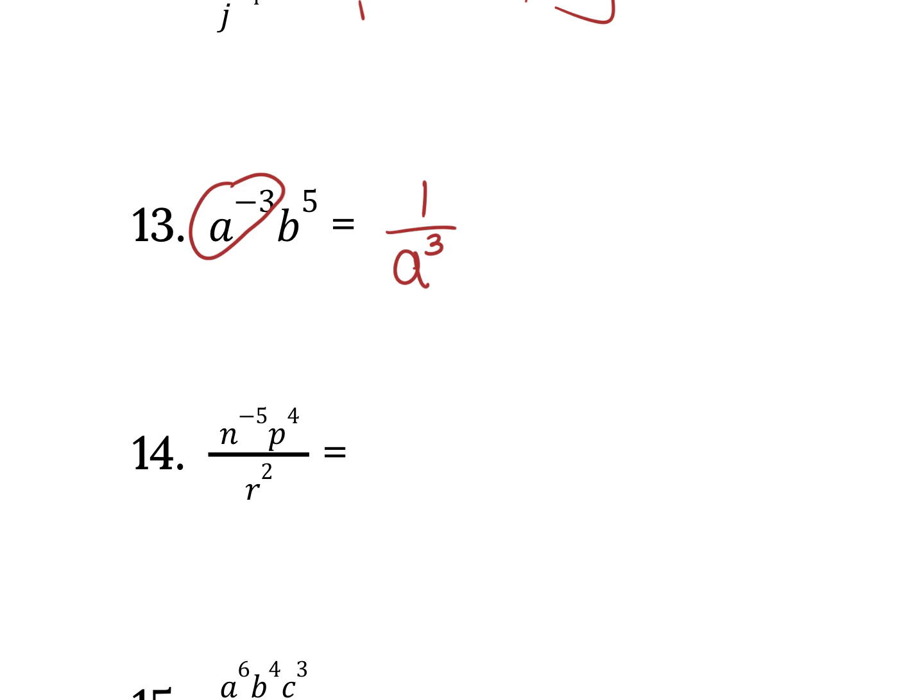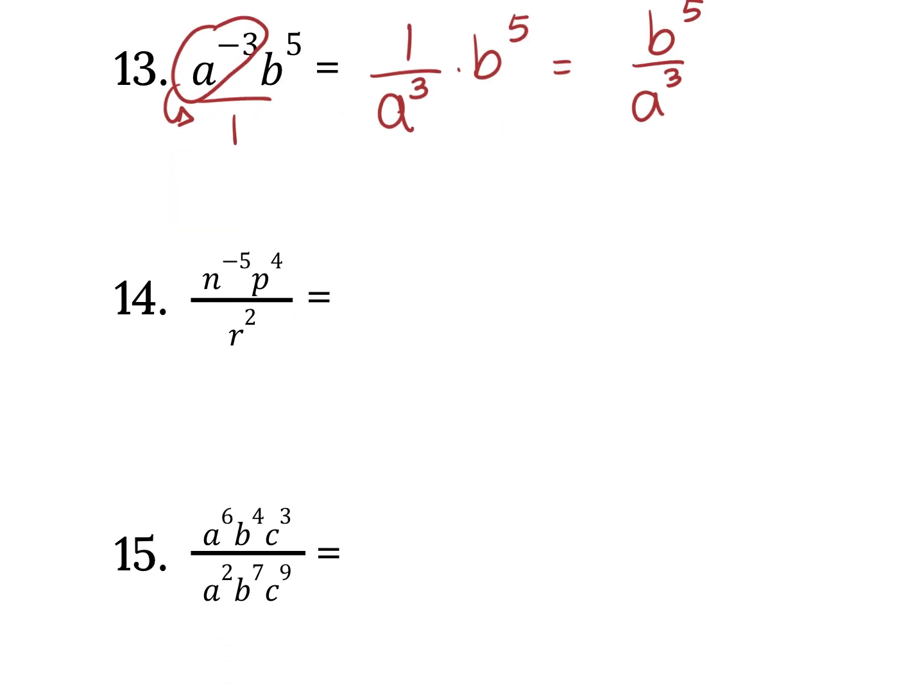And my b to the 5th, I'm not going to do anything to it because it's not negative, so why move it, right? And the one thing is you can either leave it like this, or what I like to do is actually kind of multiply them together, and so the b stays on top. So you can kind of think of this as one big fraction and the negative is going to move to the bottom. As I said, it's kind of funky. We will definitely be spending time practicing this one.